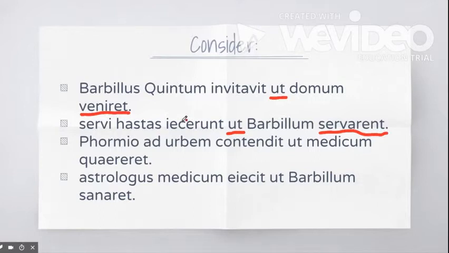Formio ad urbem contendit ut medicum quaereret. Formio hurries to the city in order that he might find a doctor, or to find a doctor. You could do it both ways. Astrologus medicum iecit ut barbilum soneret. The astrologer threw out the doctor to, or in order that he might heal Barbilus.